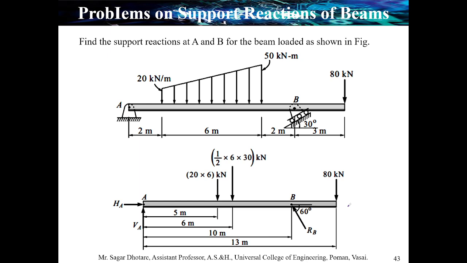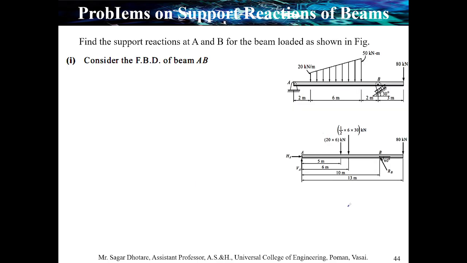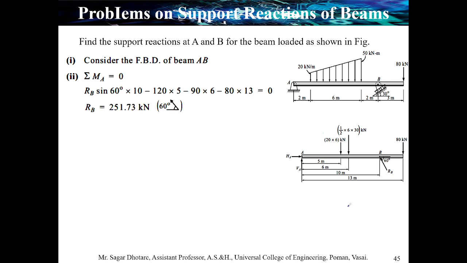Okay. So we can start the solution. First of all, you need to consider the free body diagram of AB. Taking moment at point A, we consider all vertical forces.